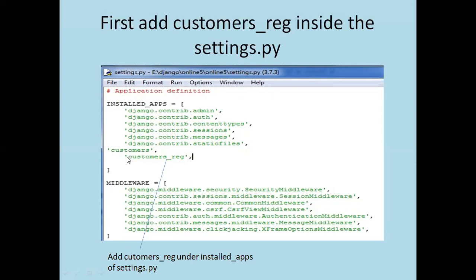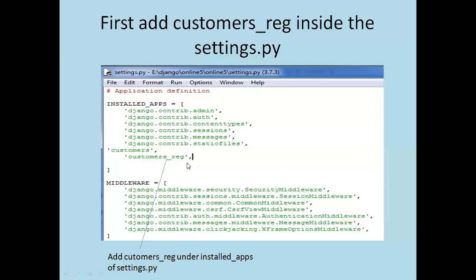Earlier we have already added customers. Now we will be adding the next app known as customers underscore reg or registration, or you can give any name according to your choice. Just to add, make sure that you have created it the same way, with python manage.py startapp customers underscore registration.